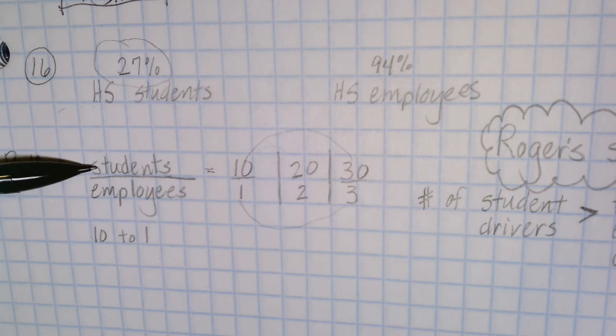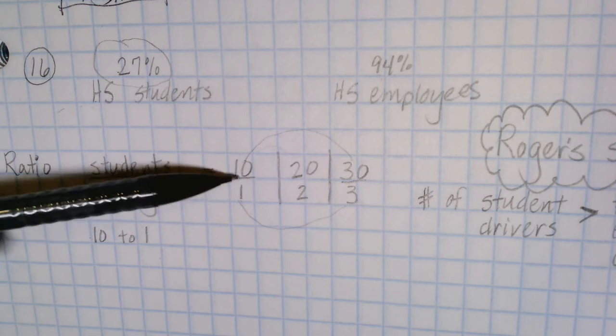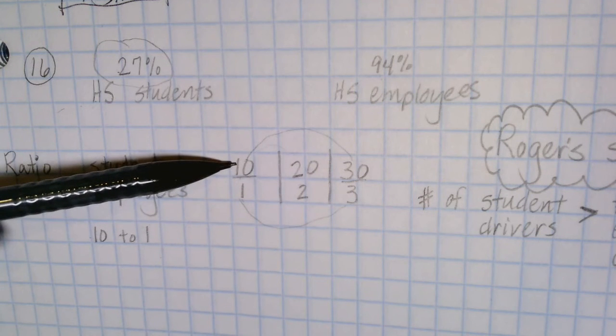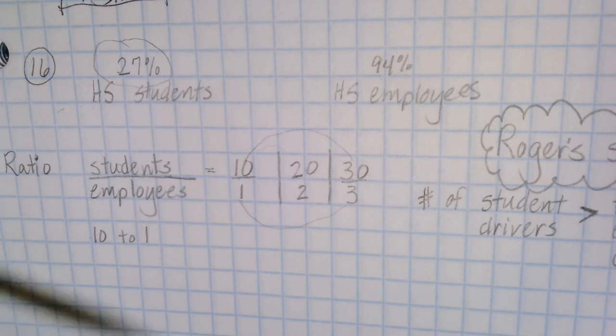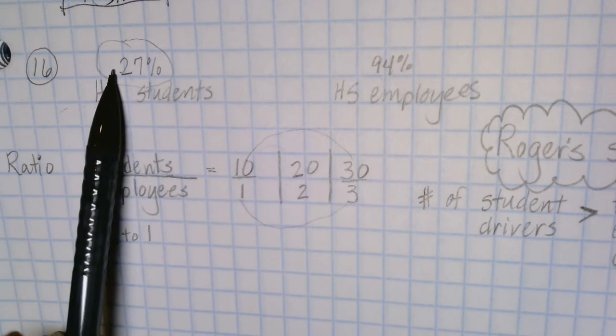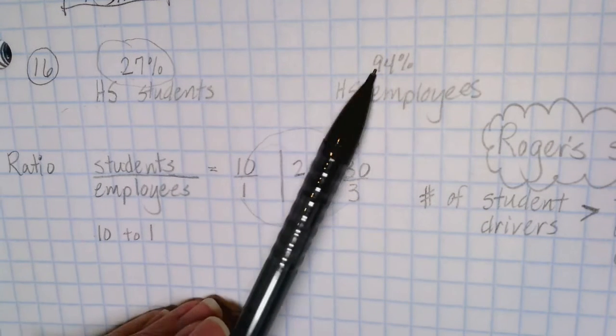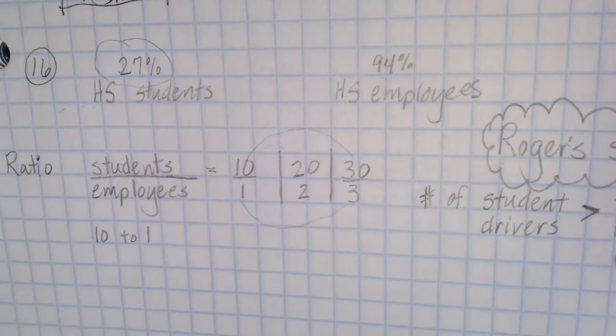However, when you look at the ratio of the number of students to employees, you can see that the number of students is far greater than the number of employees. So one might think, well, Roger's statement can't be correct because 27% is less than 94%.